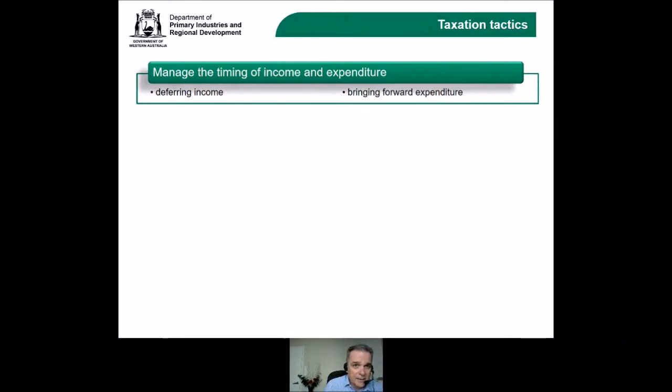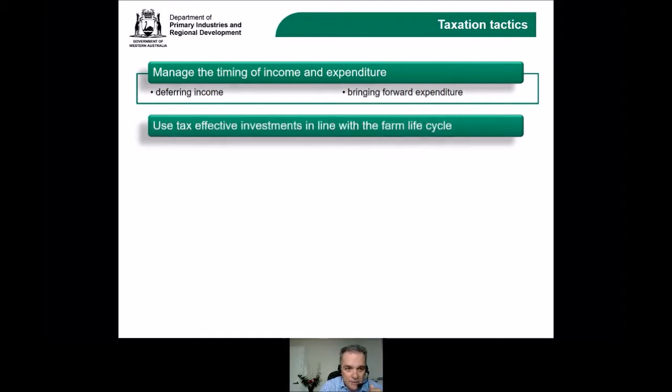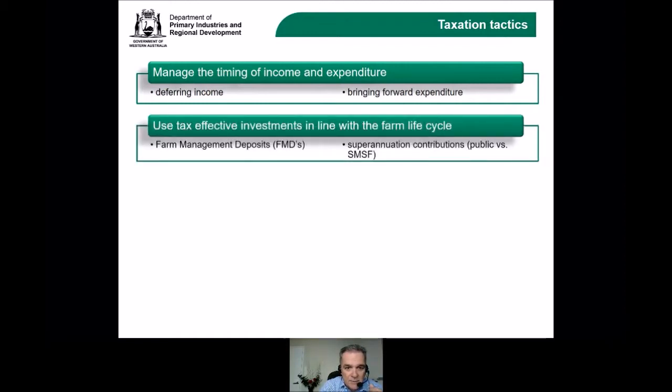You might be able to make 12 payments in June, 13 in total, and bring that expenditure forward into this year. So the reason they're doing that is to minimise this year, but you are creating a problem for next year. Farmers do have an option in terms of some specific tax effective investments around super, either self-managed super funds or various public ones.